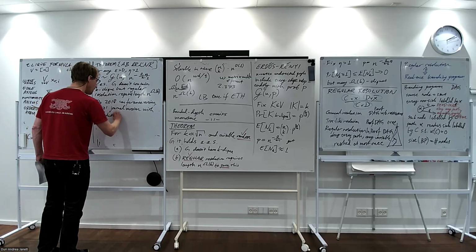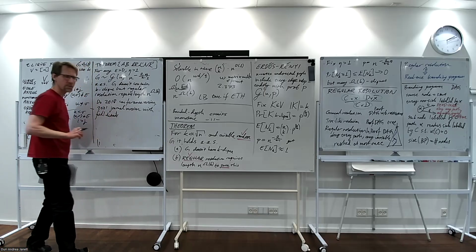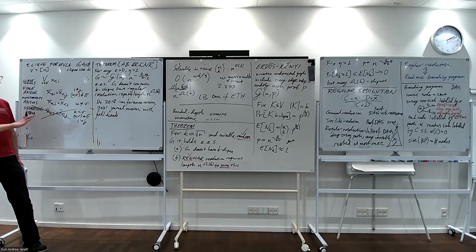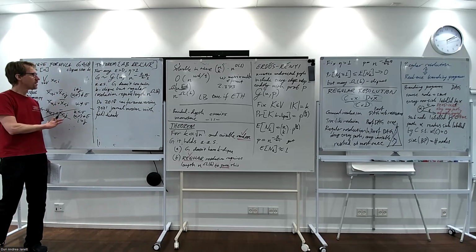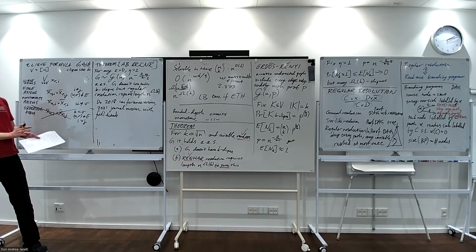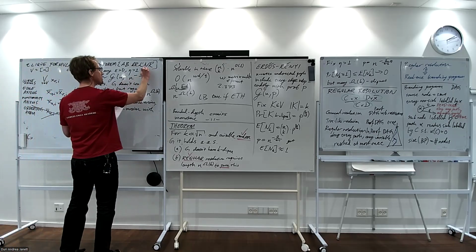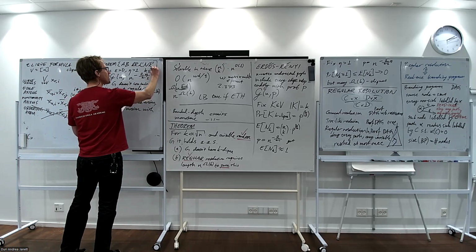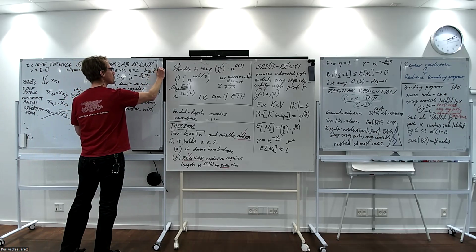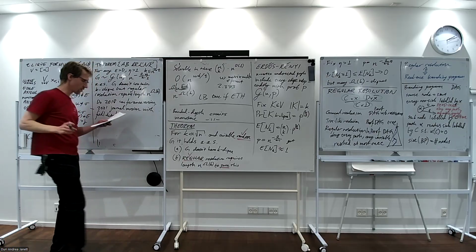But really, I should state here that we have k less than square root n, so n to the 1/2 minus epsilon. That's kind of it.